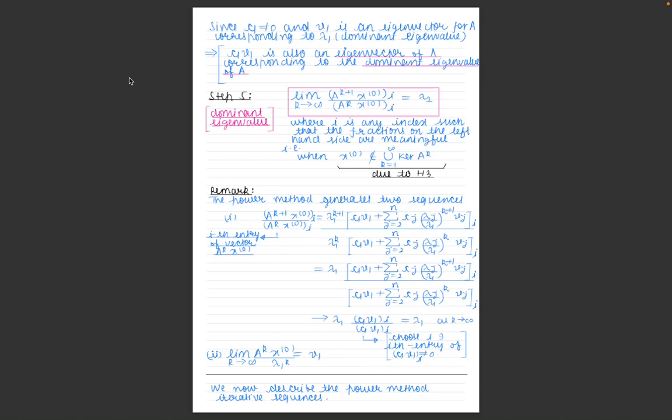Now, how to find the dominant eigenvalue? So this step is to find the dominant eigenvector. Okay. Now let us go to step 5, which helps us in finding the dominant eigenvalue.